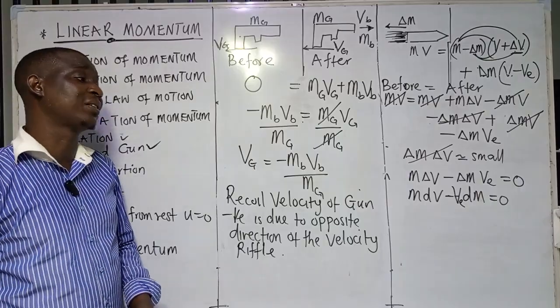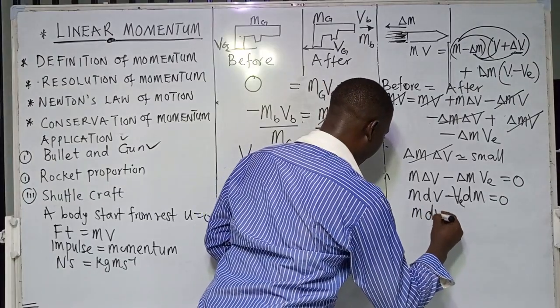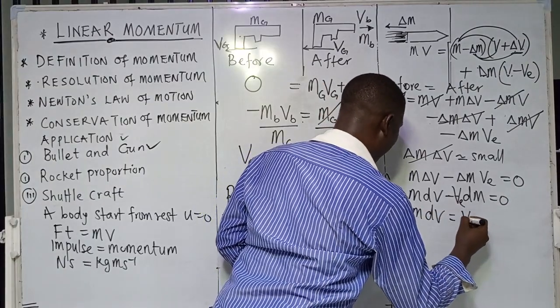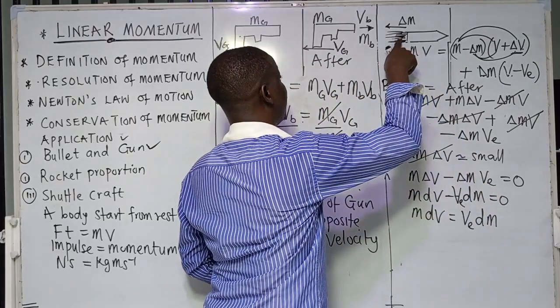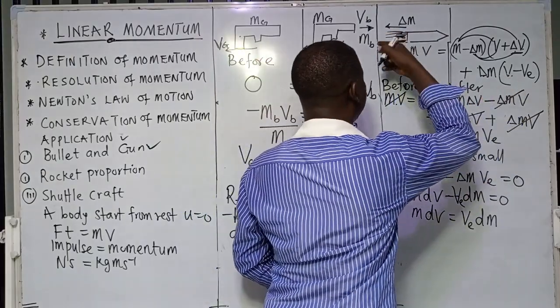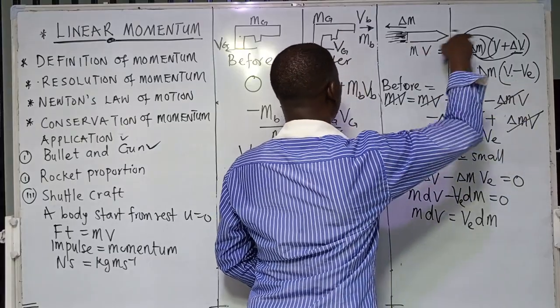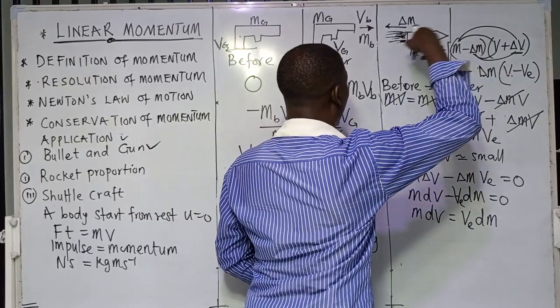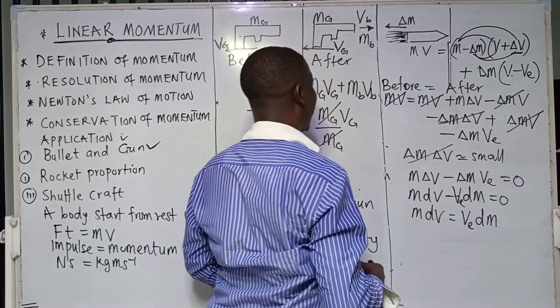Now, having gotten that, what we're going to do is to take this one to the other side. We have m dv equal to exhaust velocity times the change in mass, because there will be a reduction in the speed in this manner. That's why it's v minus. But there will be an increase in the forward velocity, which is this one, and there will be reduction in mass.